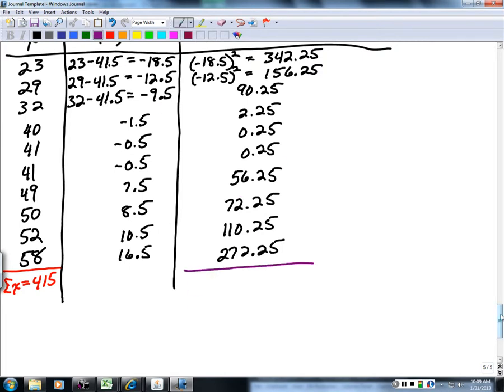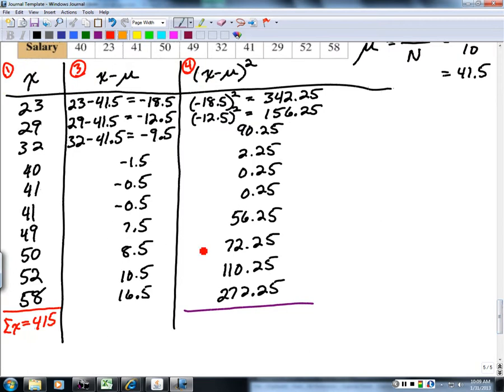And so, as I said, this is my fifth step right here. And the sigma of x minus mu quantity squared is equal to 1,102.5. Okay? Does everybody understand what I've done so far?